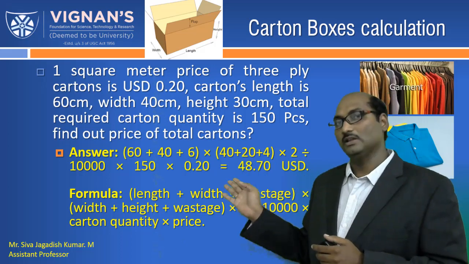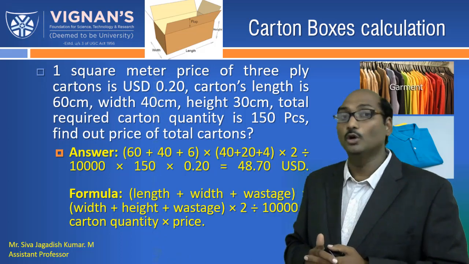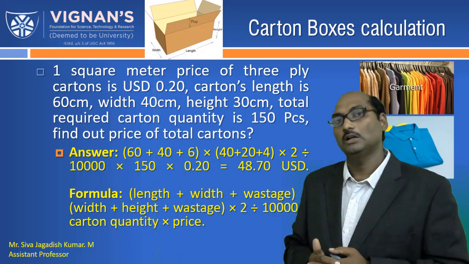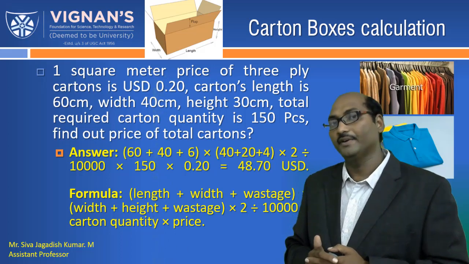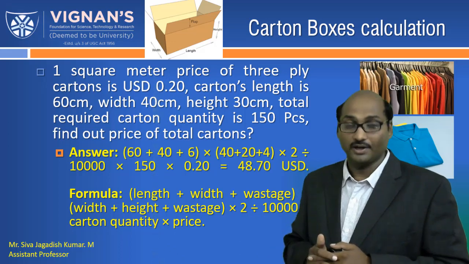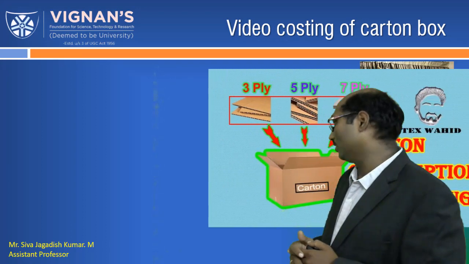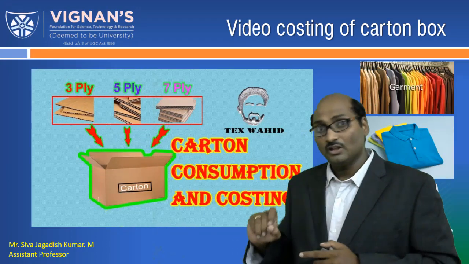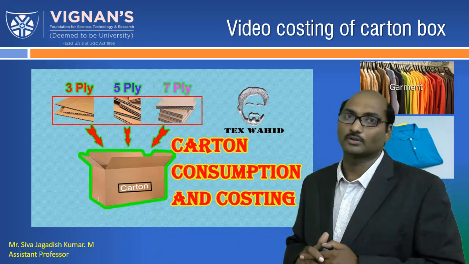With this example, we can calculate the cost incurred per carton box. First of all, we need to identify how many square meters of carton boxes are required in order to make this one. Understood? Here we will see a video which explains the costing of this carton box.